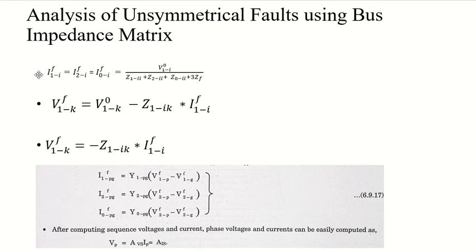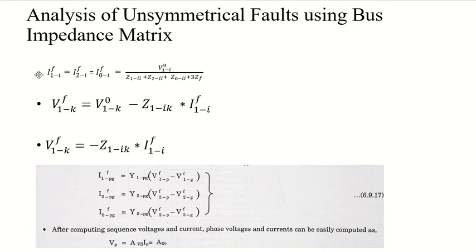And that will be the formula for your positive, negative, and zero sequence fault current. Similarly, we can also compute the current for LL fault and LLG fault as well. I'm not mentioning it in this calculation.